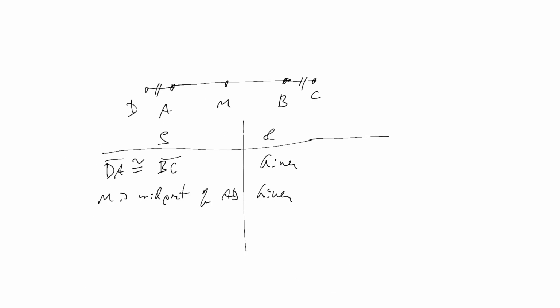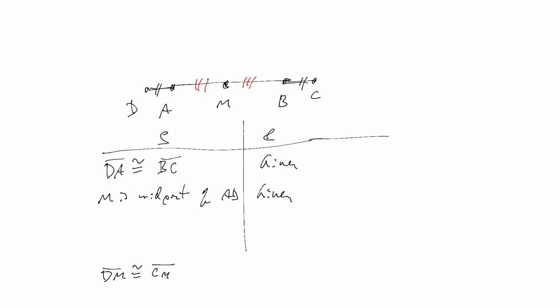Here's a place where that midpoint thing might be used in a proof. We're trying to prove that DM is congruent to CM. Now the given is that DA is congruent to BC and that M is the midpoint of AB, not of DC, although it might end up being that also. So what we can say is that AM is congruent to MB, definition of midpoint.